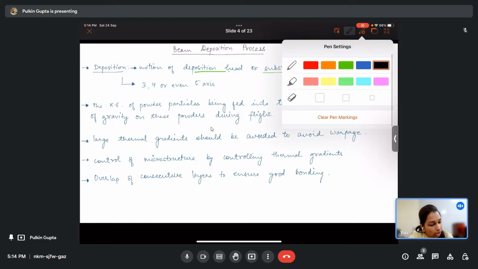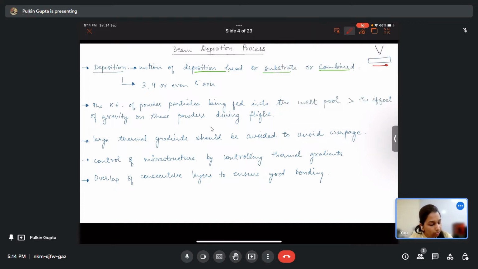So either you can move this substrate, or you can move this deposition head, or you can have a relative motion between the two. So when you have a relative motion between the two, you get a wedge like geometry. So what I mean to say is, you can control the geometry of different parts using the relative motion between the substrates and the deposition heads.